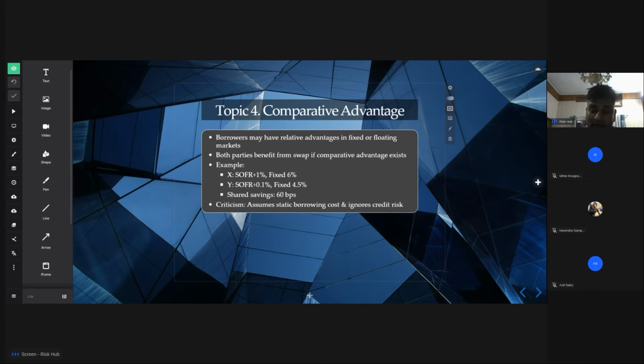When I'm talking about comparative advantage, what I'm saying is that if the spread between your fixed and floating funding cost is relatively more favorable, let me write it down. Please understand.